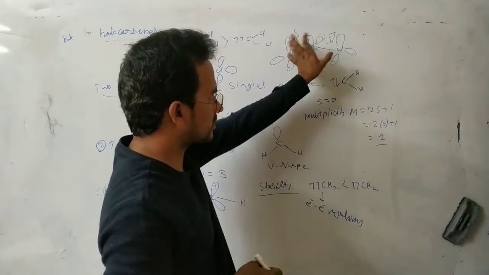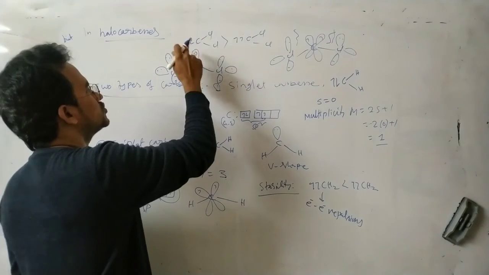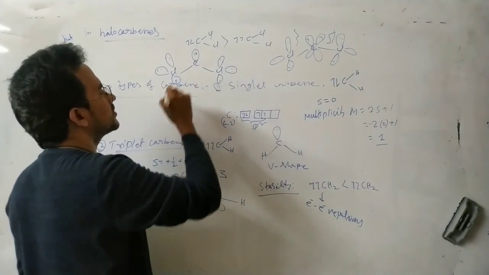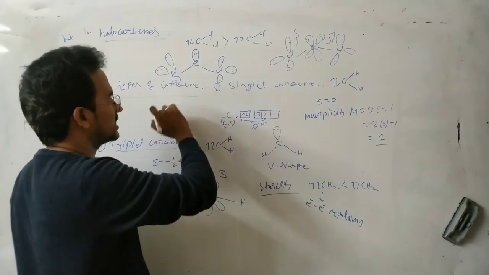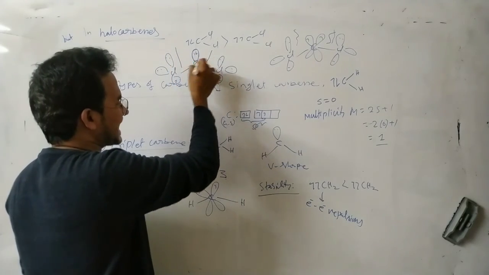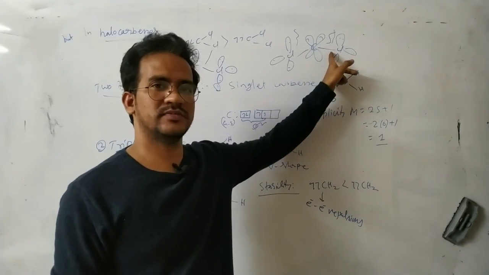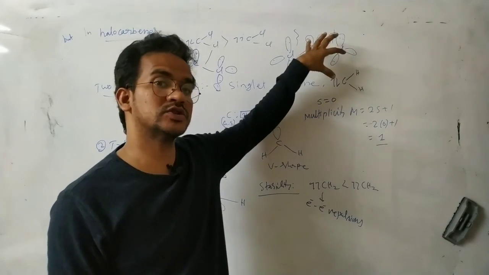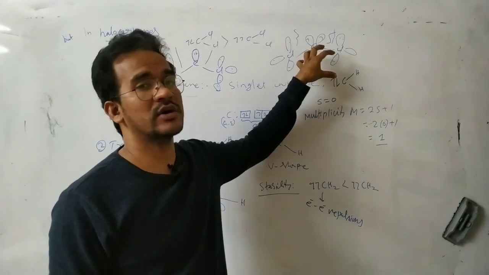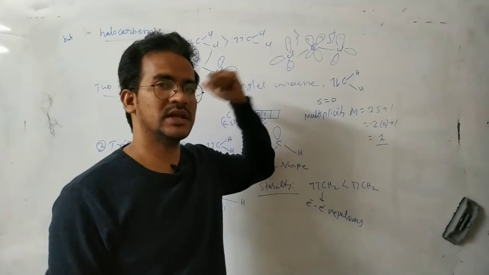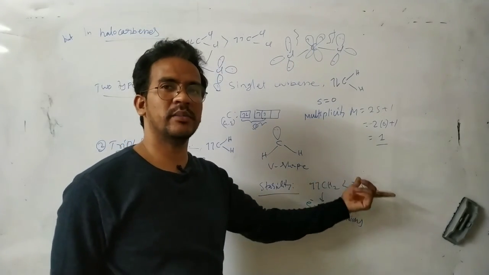That's why there is more electron repulsion in this case. But in the singlet, those 2 electrons occupy a single orbital, so they occupy very little space, with less electron repulsion. In the triplet, the 2 orbitals occupy more space, causing more electron repulsion. That's why triplet halocarbene is less stable than the singlet carbene. But in the case of simple carbenes, triplet carbene is more stable.